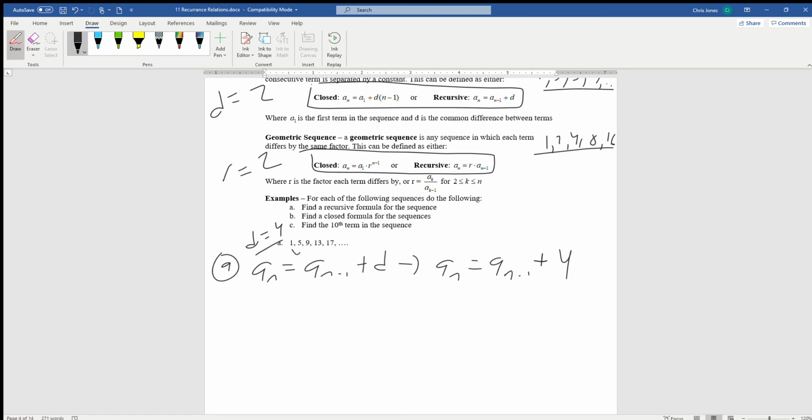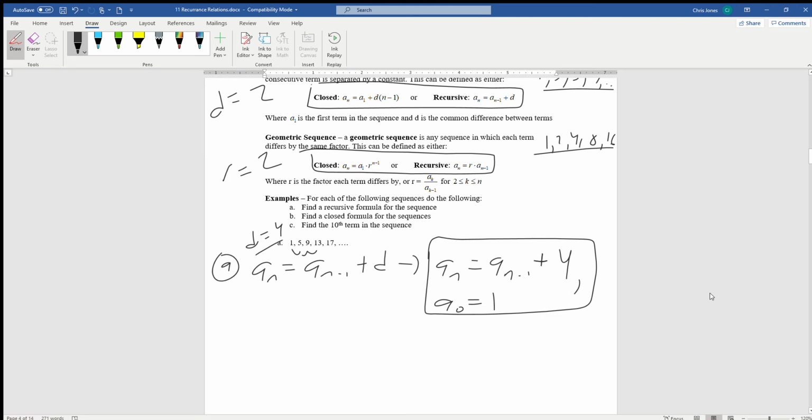So we add 4, we add 4, we add 4 each time to go up the sequence. Of course, we need an initial condition, so a sub 0 is going to be equal to 1. Every time you have a recursive relationship or a recurrence relation, you have to give the initial condition. Otherwise it means nothing.